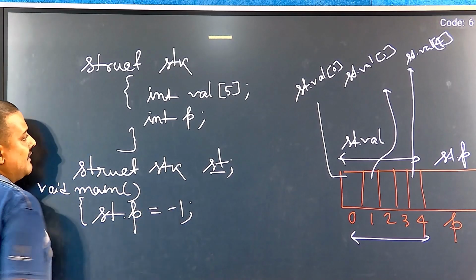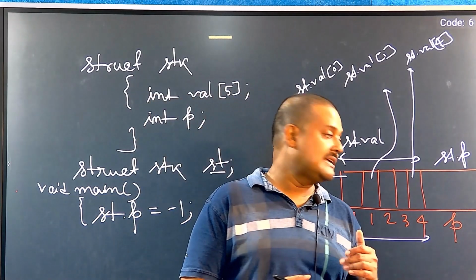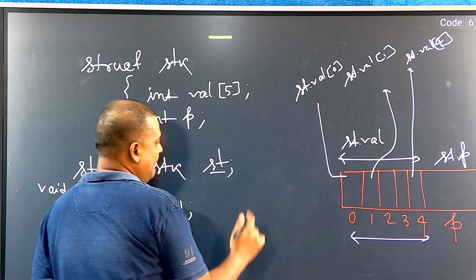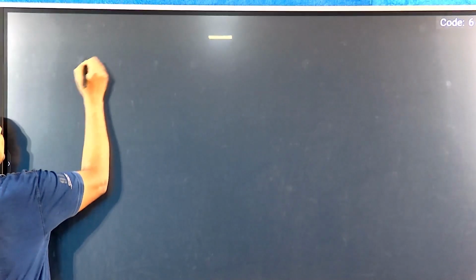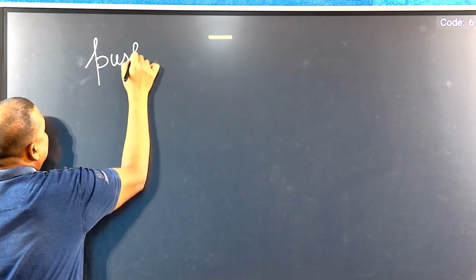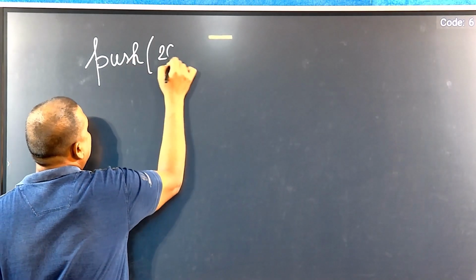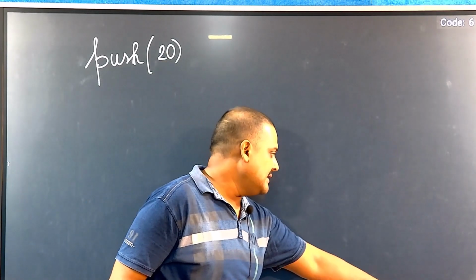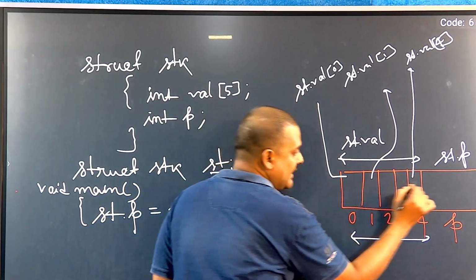Okay. Now, we are trying to insert some values inside this stack. How are we going to implement it? Have a look. Here we are implementing the push function. Say for example, we call push(20); we want to insert the value 20. What is our goal? Our goal is to insert 20 here. What is the initial value of P?